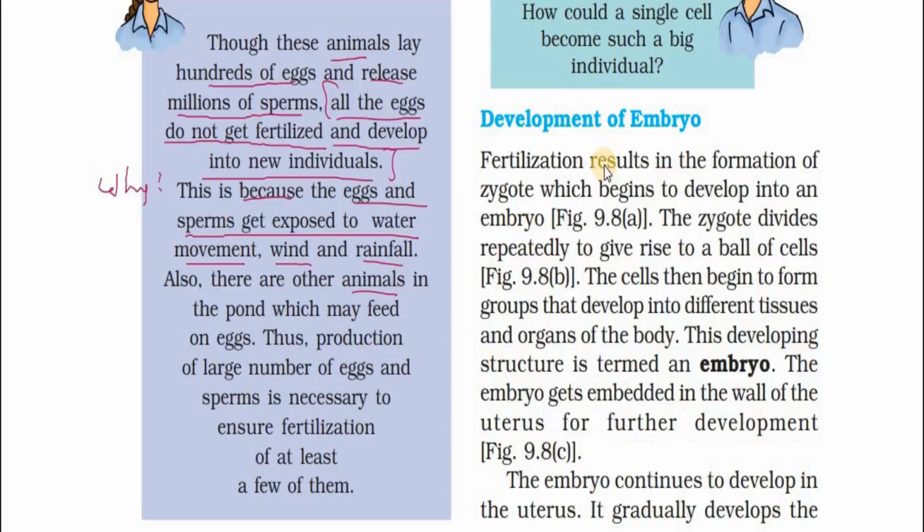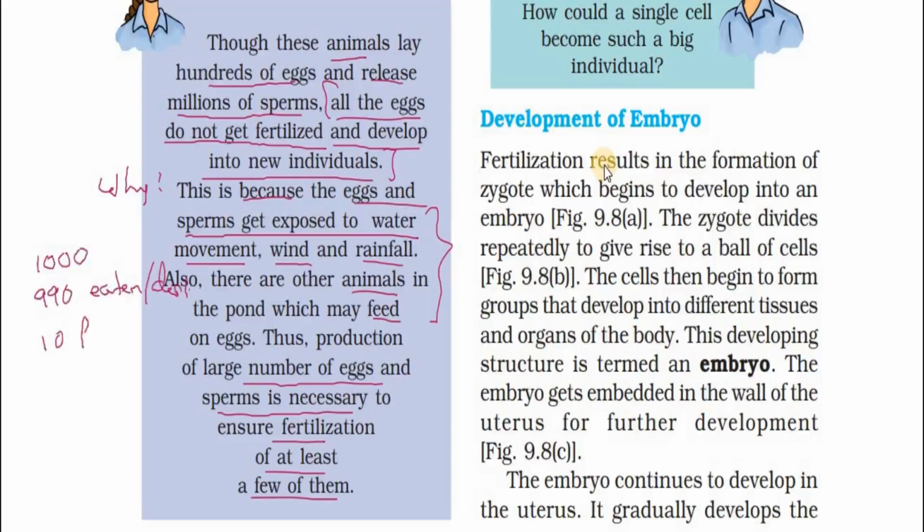Other animals may feed on these eggs. So, to balance all these adverse factors, a large number of eggs and sperms is necessary to ensure fertilization of at least a few of them. So, it's a game of chance. Like you lay 1,000 eggs, maybe 990 are eaten up or destroyed.